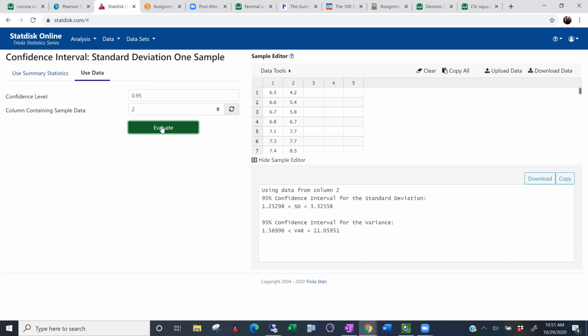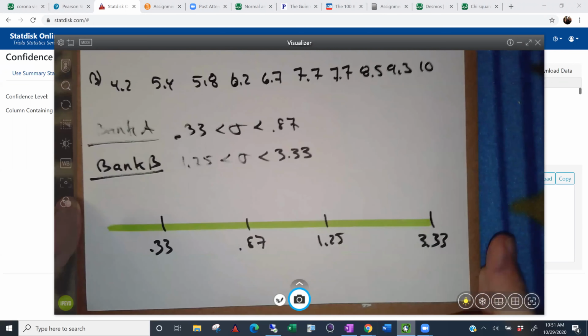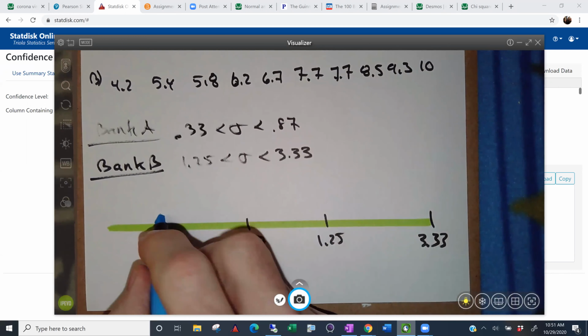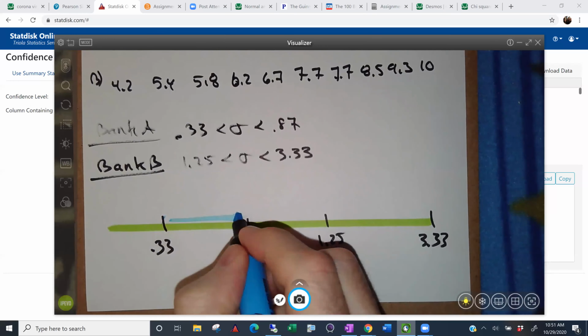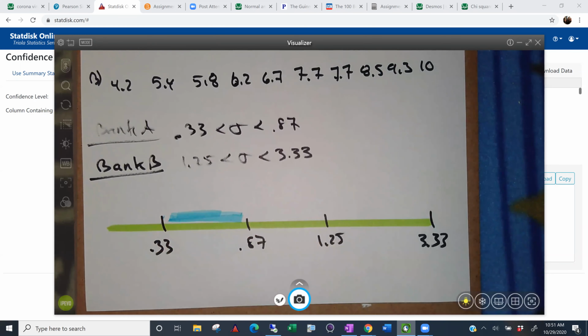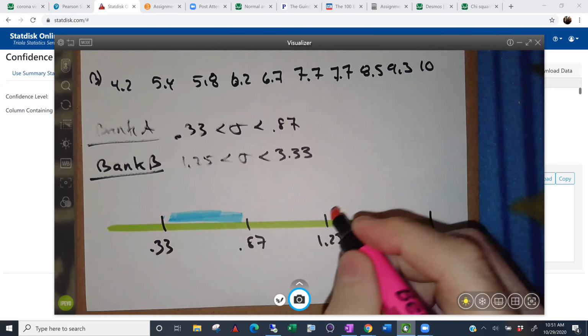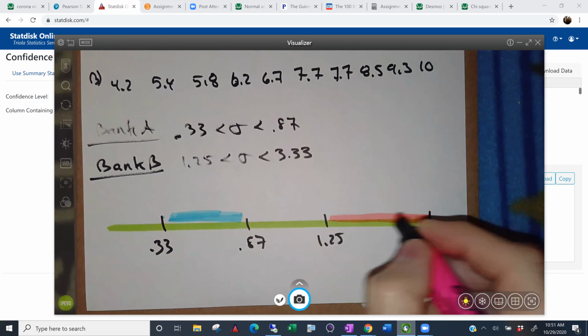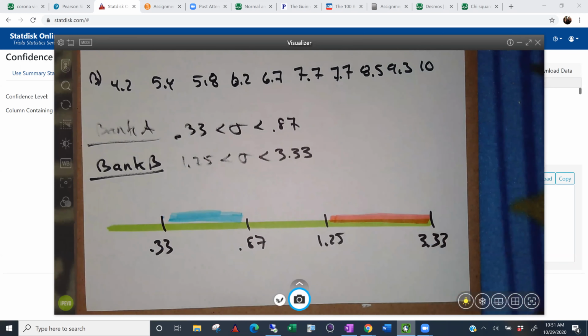So graphically speaking, here's what that looks like. For Bank A, the standard deviation of wait times is somewhere in here. For Bank B, it was somewhere here.